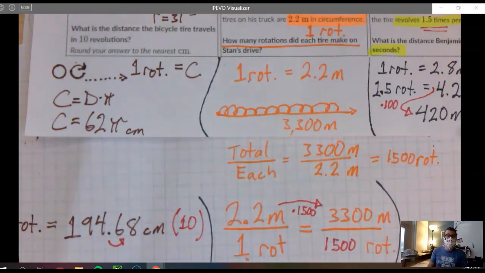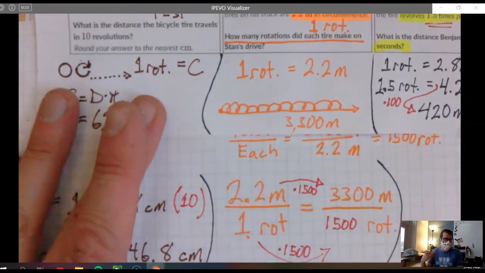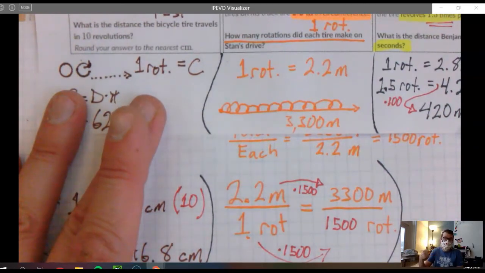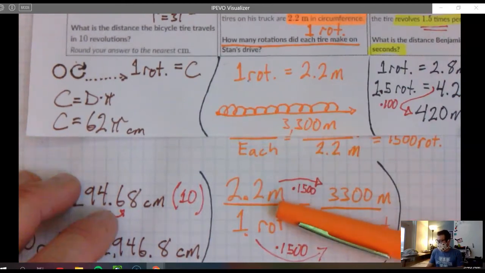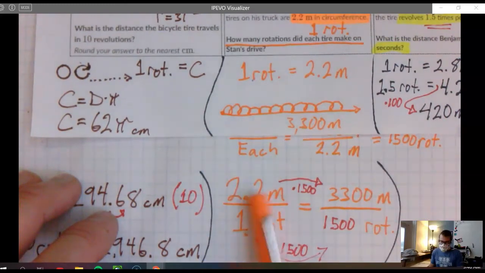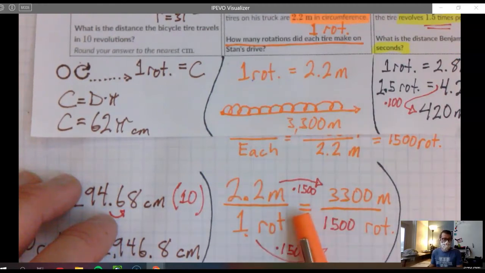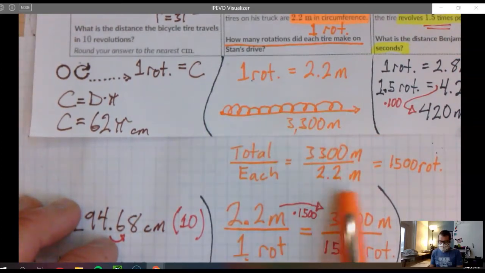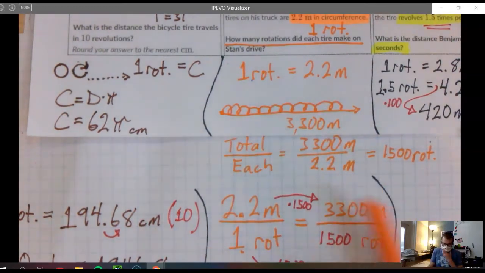We could also set up a proportional relationship, because if it's a "for every" situation, that's proportional. So if it's 2.2 meters per rotation, how do I get to 3,300 meters? Well, if we don't know how to multiply forwards, remember when we did our proportion solving, we can divide backwards. So I do 3,300 divided by 2.2. Oh, wait, that's what I just did up here. Either way, essentially, I'm going to be doing 3,300 divided by 2.2.